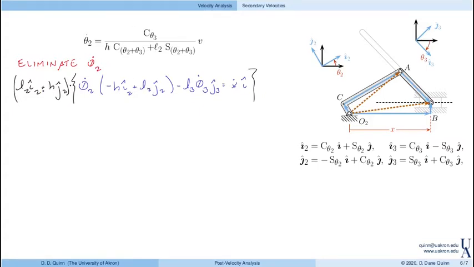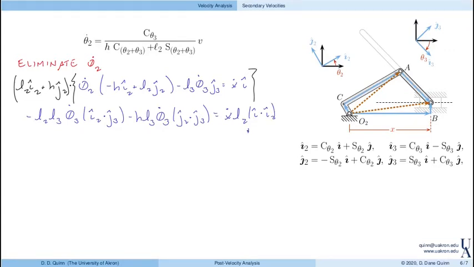So now I just have to take this dot product with these last two terms, and we get minus L2 L3 theta 3 dot, and here this is I2 dot J3, right, this term, and then minus h L3 theta 3 dot J2 dot J3 equals x dot L2 I dot I2 and then plus h x dot I dot J2.